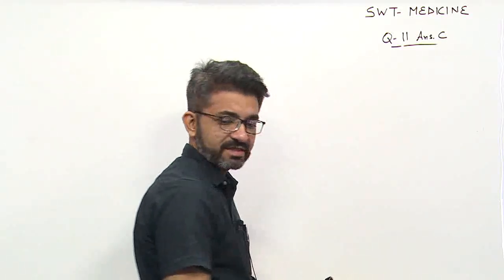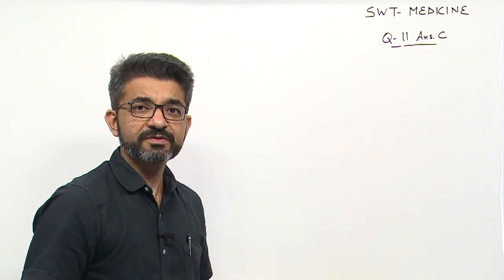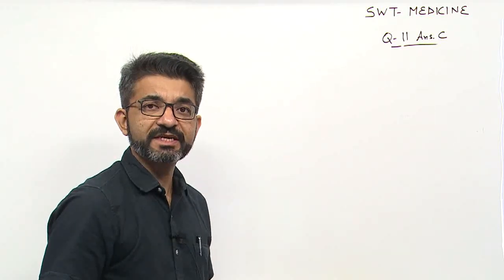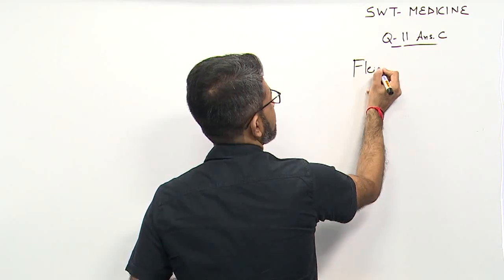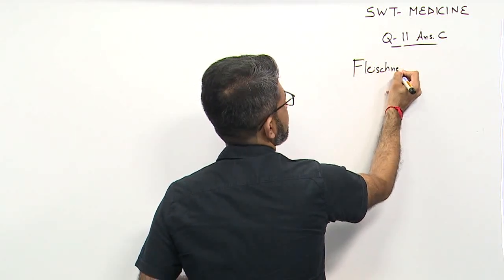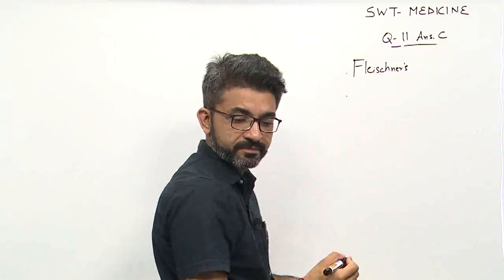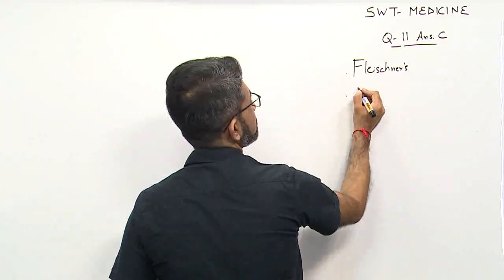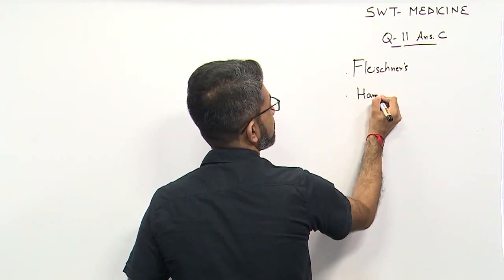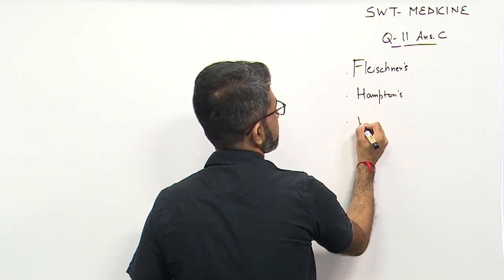Three important signs for pulmonary embolism in X-ray are Fleischner's, Hampton's, and Westermark.